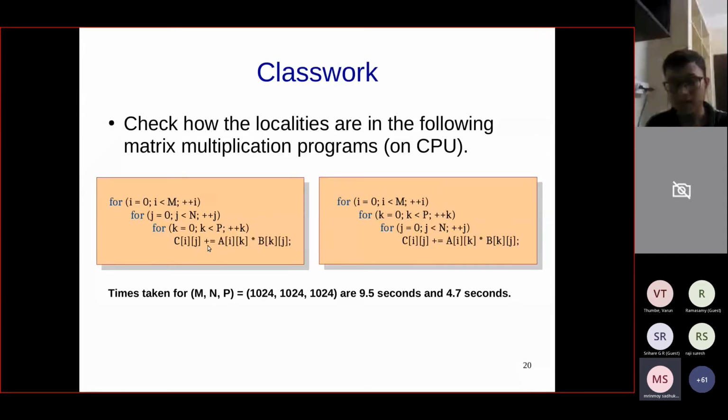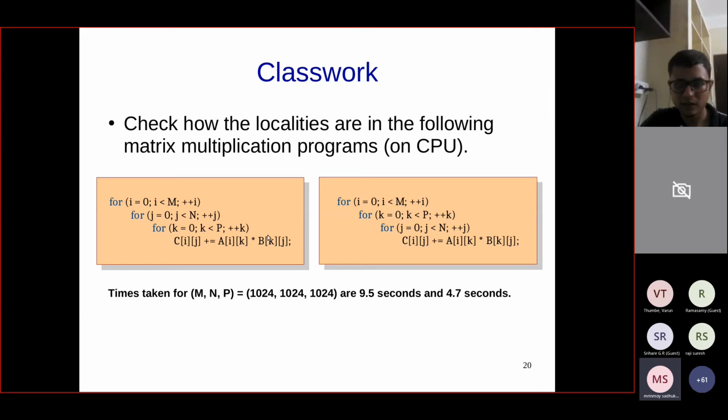So here C and A both are being accessed in row major order. The first variable, I, is progressing slowly, and the second variable, J, is progressing fast, so it is moving along rows. A is again accessed in row major order because I is the slow changing variable, but K is a very fast changing variable. But B is being accessed in column major order.